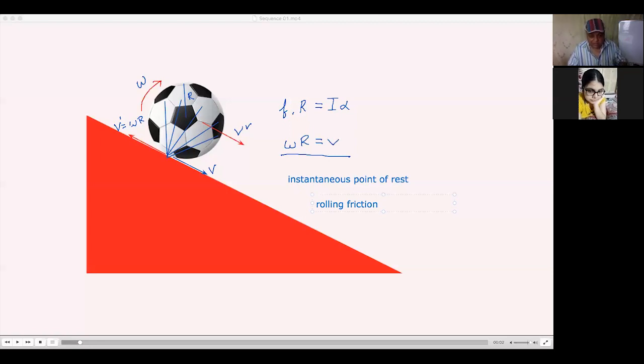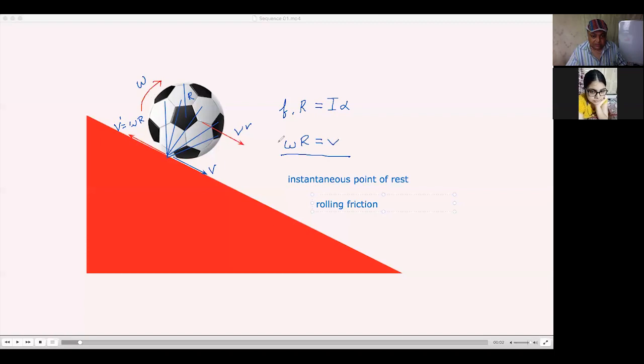What we have here is the ball starts rolling down, sliding down, and the velocity increases. But at the same time, the friction is creating an angular velocity because of the angular acceleration it generates, and slowly omega is increasing, becoming closer and closer.